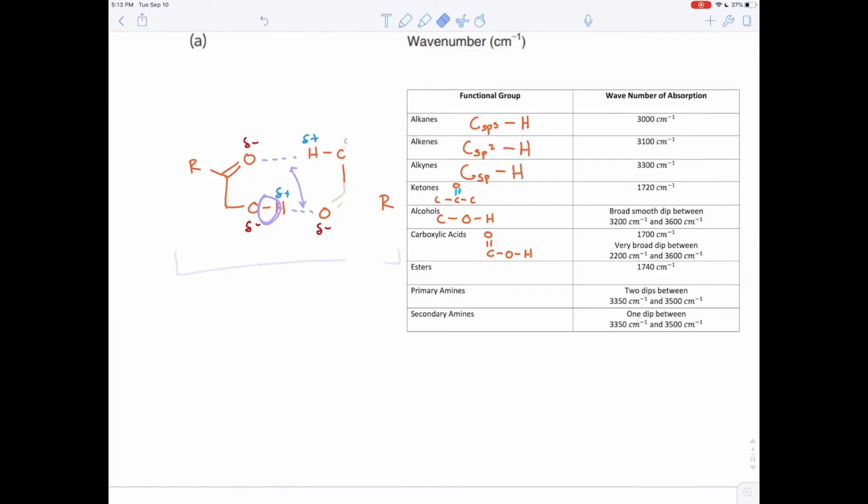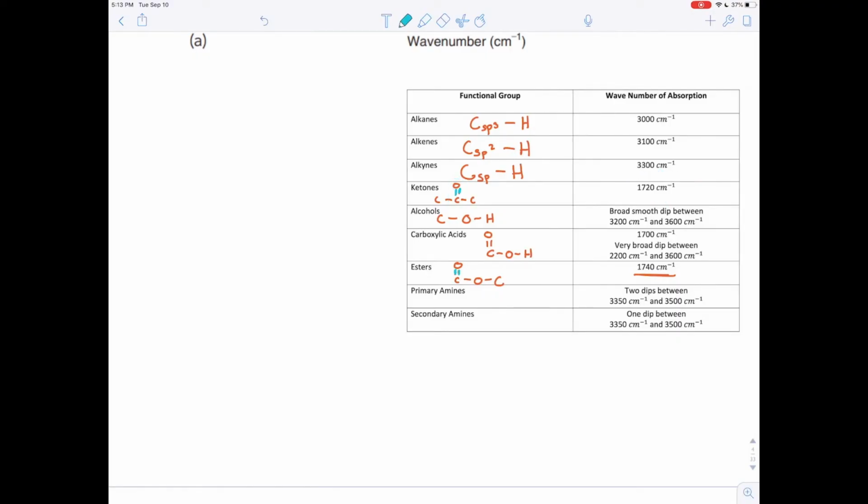Okay, next. You can have esters. Now esters have a very similar absorption to ketones. Esters are when you have a carbon double bonded to an oxygen, single bonded to basically an ether. So an oxygen bonded to another carbon. The absorption is really coming from the double bond to oxygen right here, and we've seen this in ketones already.